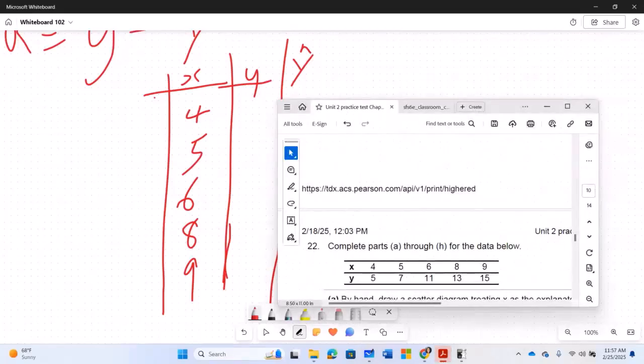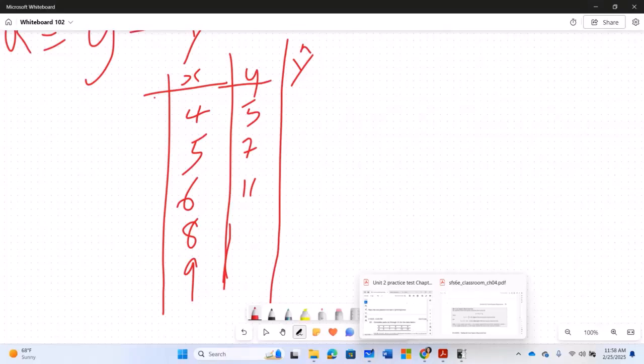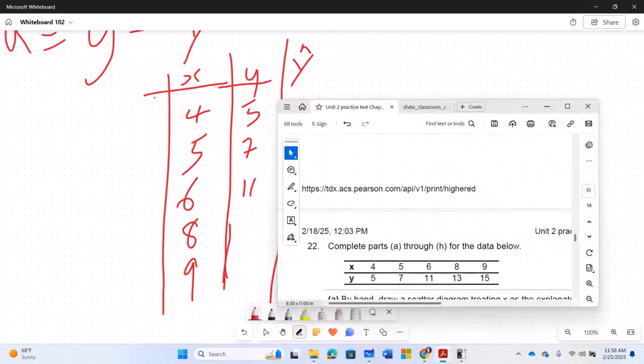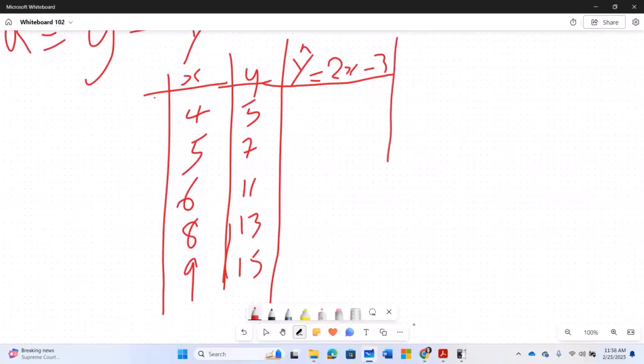The values of y are 5, 7, 11, 13, 15. Remember that the predicted equation is 2x minus 3. So we need to keep that in mind.